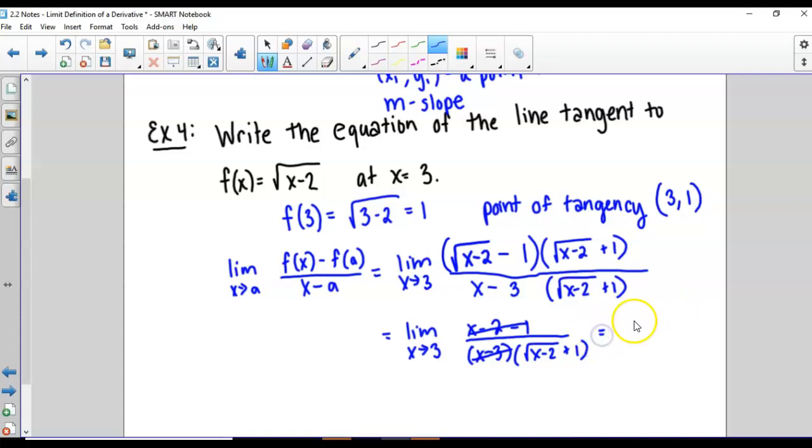And then we're just going to plug in that 3. So 1 over the square root of 3 minus 2 plus 1. So we end up with 1 over 1 plus 1. So we'll get 1/2 for that. So this was our derivative. So that is our slope at that point.